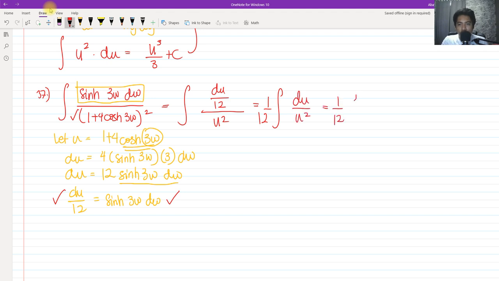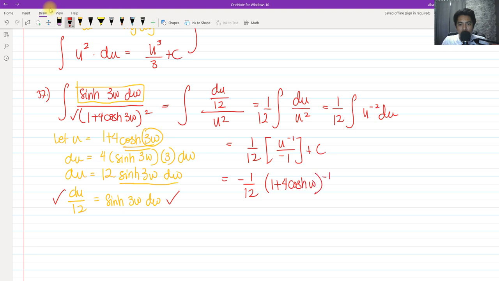Then by properties of exponents, we have u raised to negative 2 in du. That is just simply a power formula. That becomes u raised to negative 1 over negative 1. So we have negative 1 all over 12 times u, where u equals 1 plus 4 hyperbolic cosine 3w, raised to negative 1, plus c.